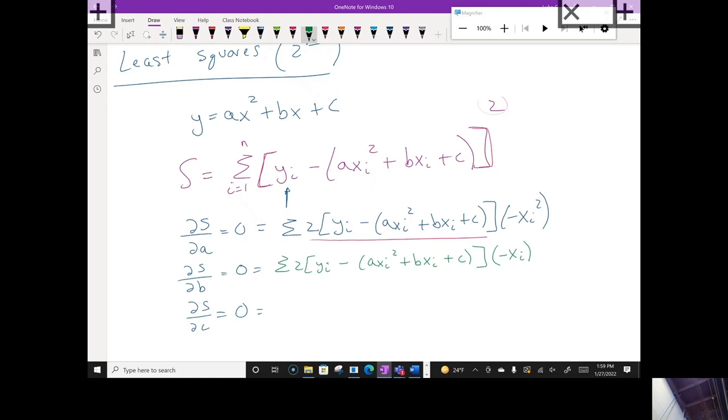We're doing a lot of stuff at you: statistics, regression, fit, partial derivatives. But that's fine, we'll get you through it. And the last one, which color do you want to do? Purple? The summation of 2 times yi minus (a xi squared plus b xi plus c) times negative 1.